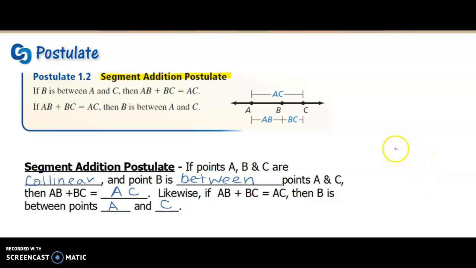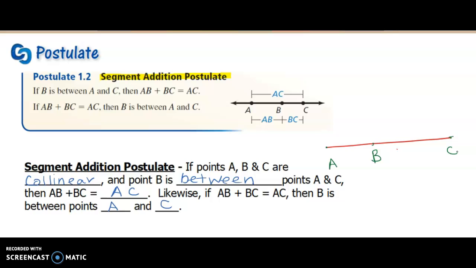So if A, B, and C are collinear, so we have a line, and B is between points A and C. So say B is right here, and then here's A, and then here's C. The three points are collinear, they're all on the same line.